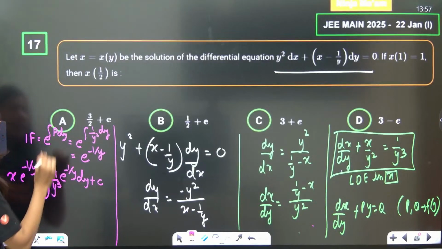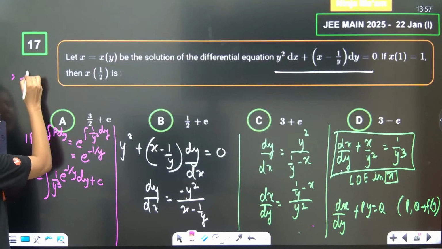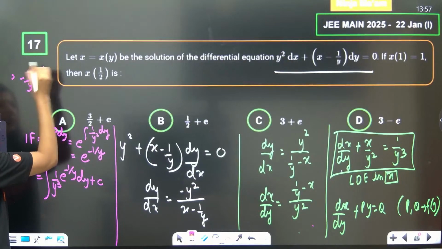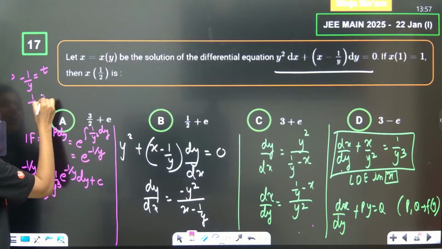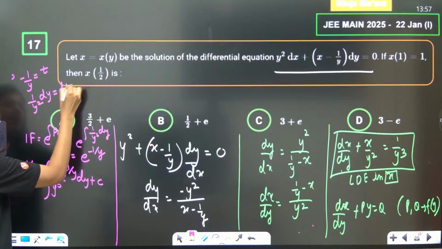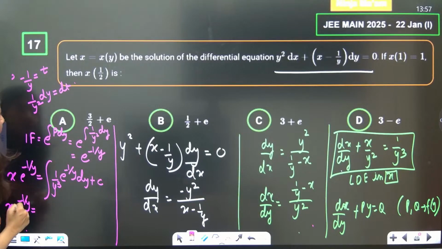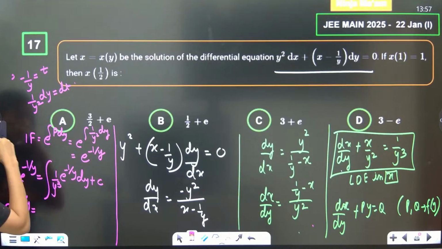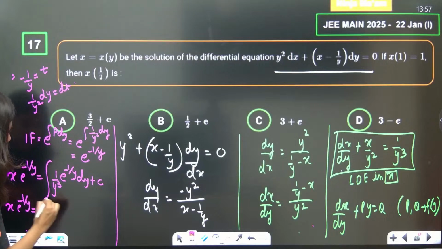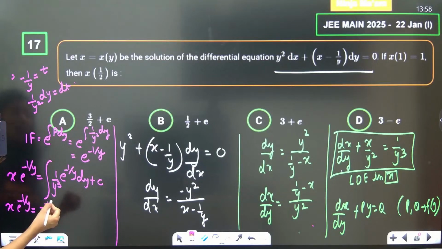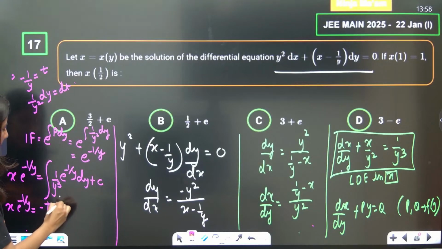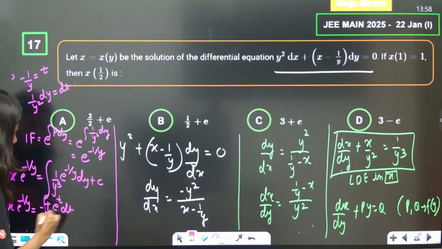Now you have to integrate it. Put minus 1 by y equals t, so 1 by y square dy is equal to dt. From here, x e power minus 1 by y is equal to, since this is minus 1 by y, so minus t, e power t dt plus c.